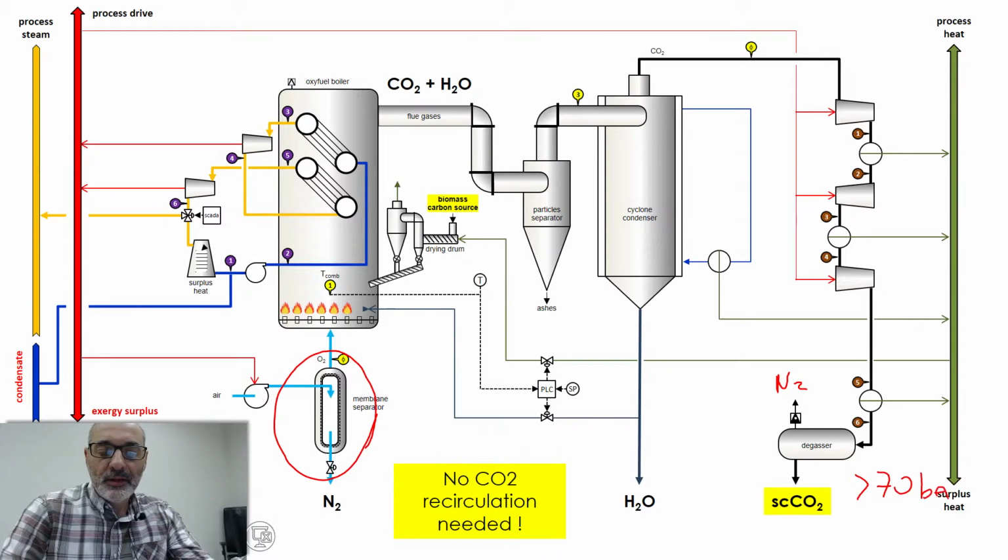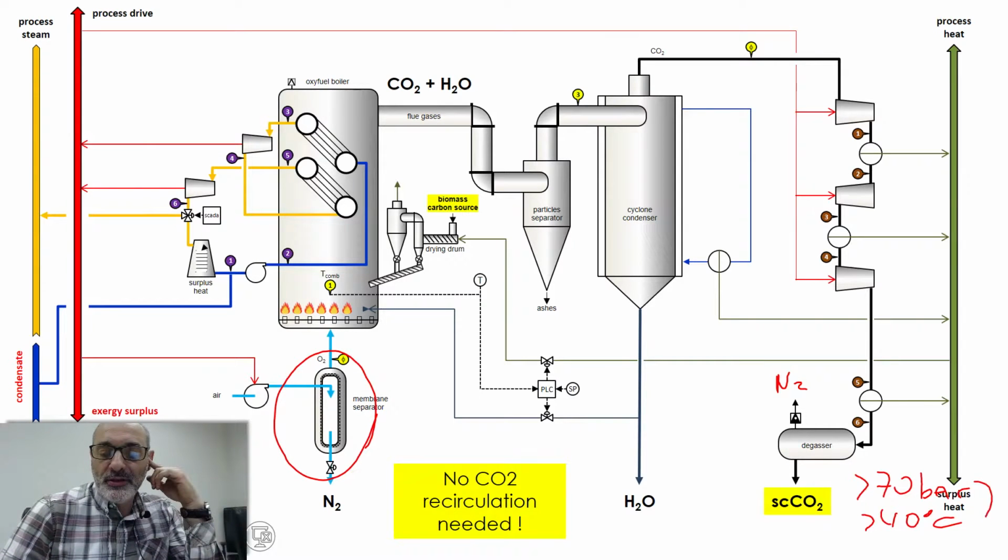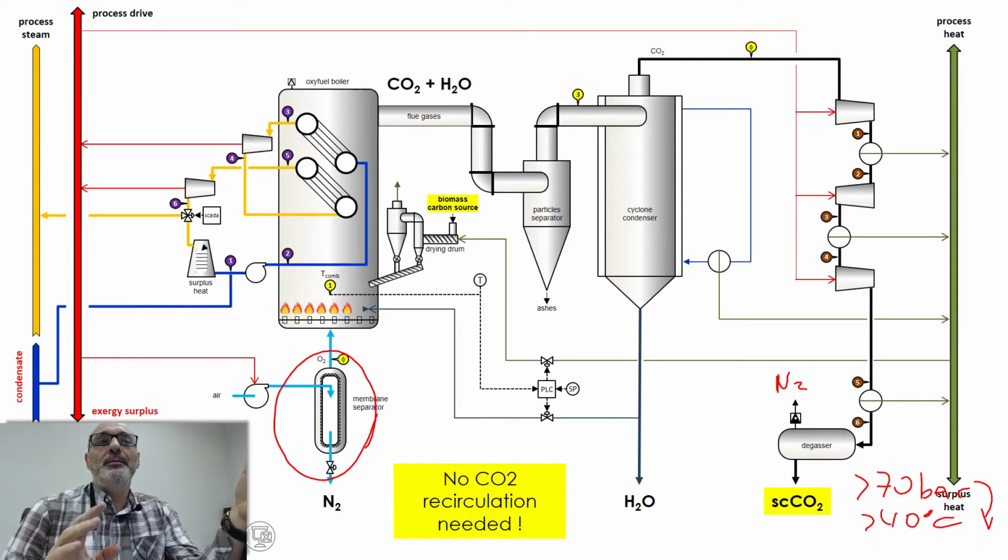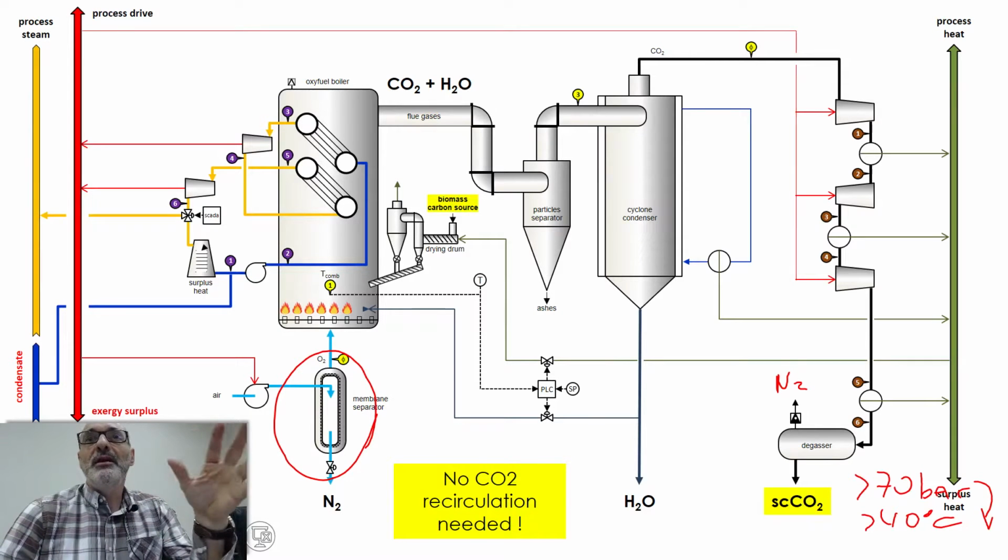So this is a high pressure actually, but the temperature is low, above, sorry, 40 degrees. If the pressure decreases, depending on the pair of numbers, pressure and temperature, it may become a gas or it may become a liquid, but it's not going to be a supercritical fluid anymore.